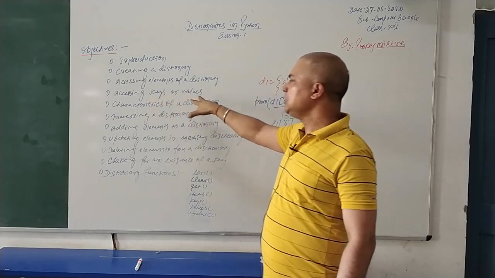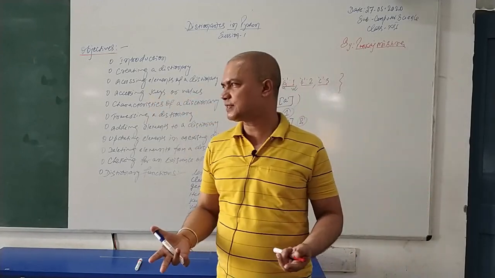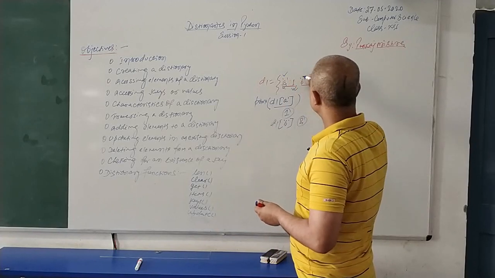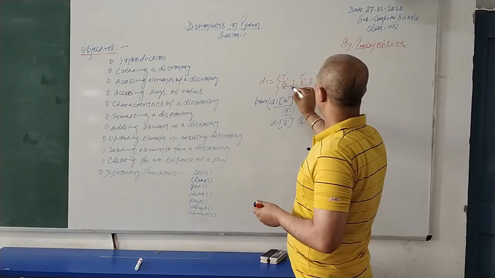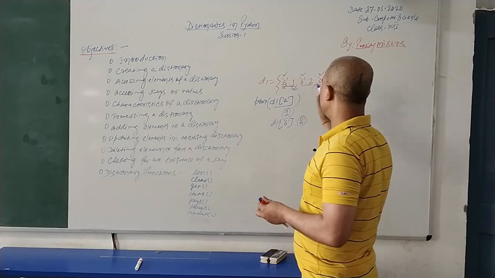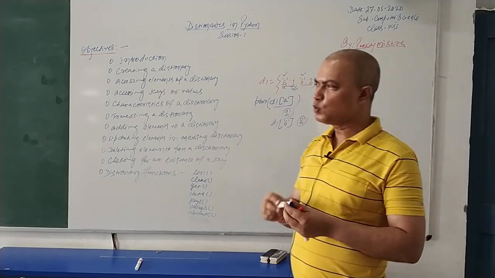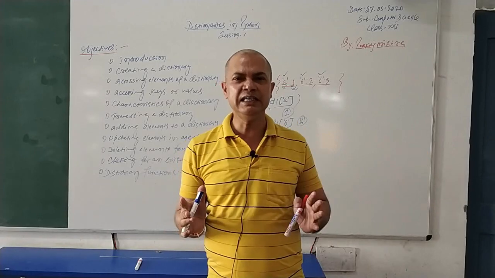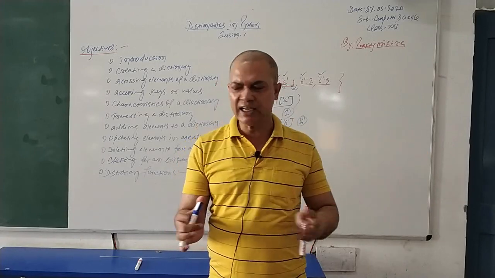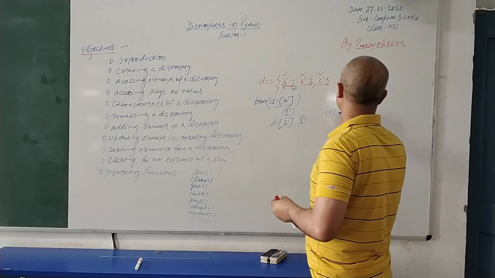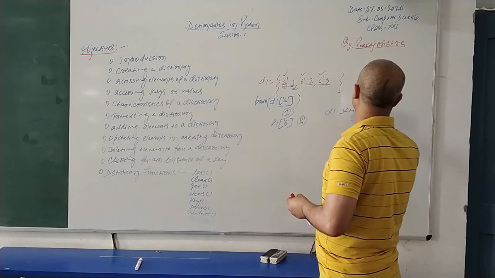Now, accessing keys or values, there are two things. As you can see here, this is a key, this is again a key, this is again a key. 1 is a value, 2 is a value, 3 is a value. So now you have an idea of what keys are and what values are. Now if I want to see all the keys of my dictionary, I simply use my dictionary name D1 and keys is a function.